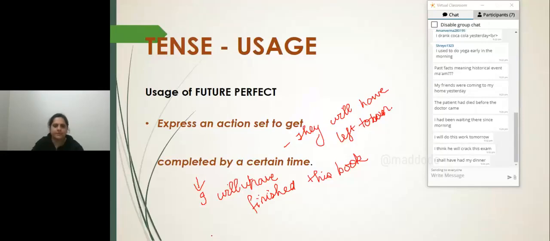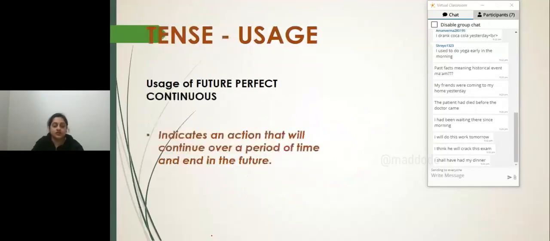The trickiest one is the last one, future perfect continuous. Why tricky? I will tell you. Because it continues over a period of time, and the action will be continuing, so people usually find this tricky.